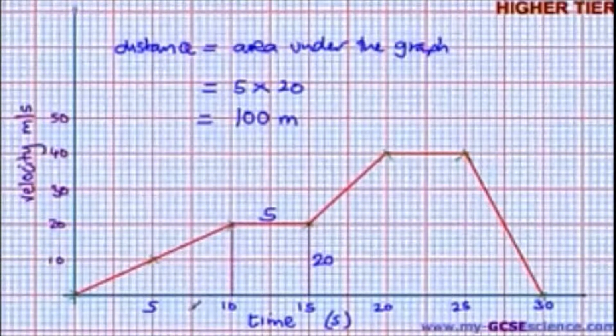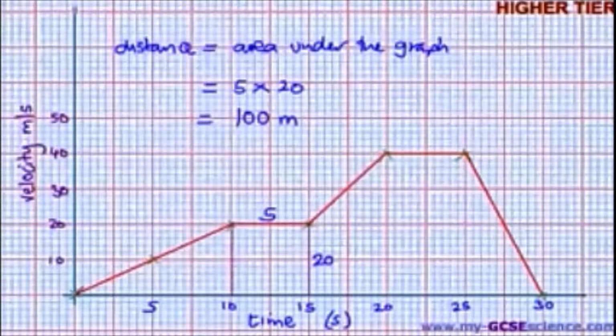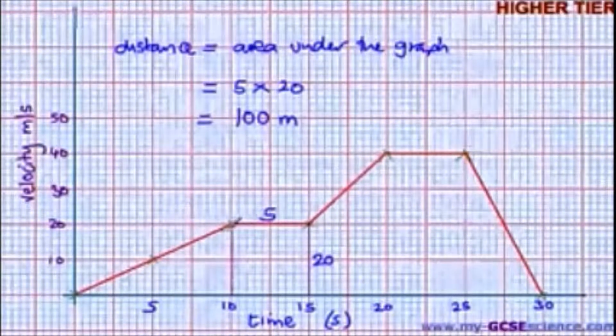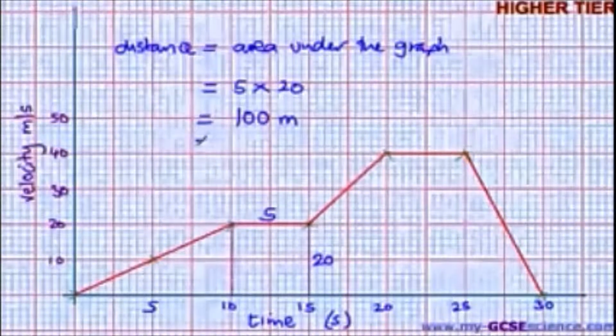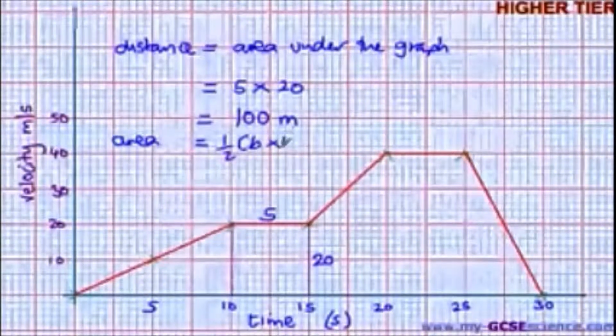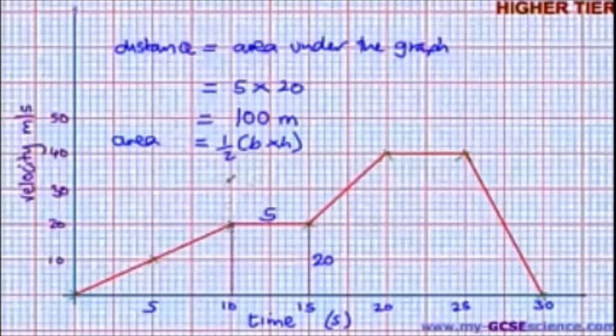A second place where we could work out distance travelled, where it's slightly more confusing, is say from 0 to 10 seconds. Now we haven't got a square here, we've got a triangle, and the formula for the area of a triangle is half of the base times height. Unfortunately, they don't give you this formula in the exam. You'll have to remember it from your math lessons.